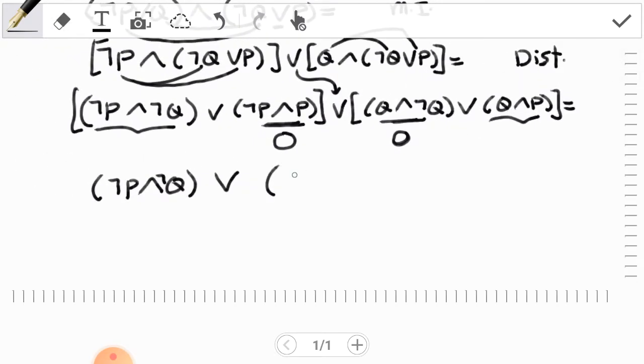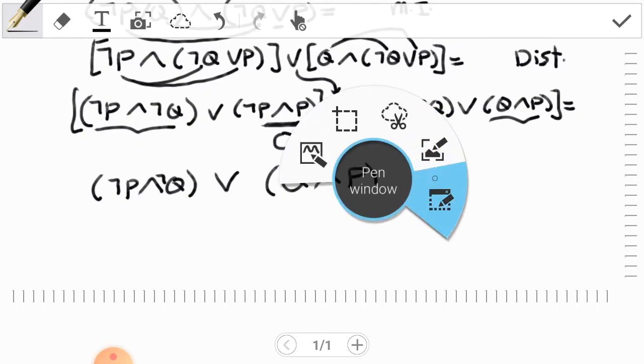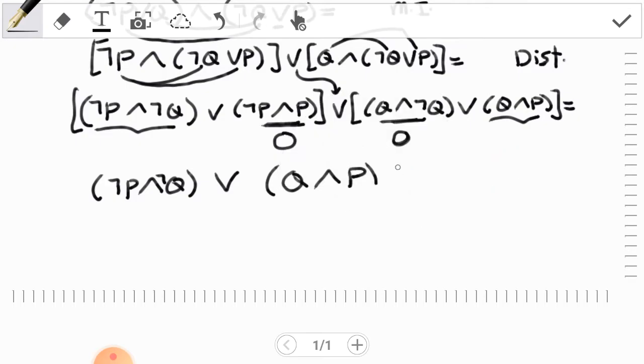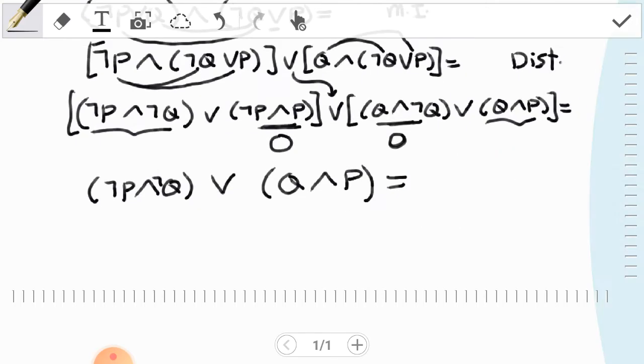So that should leave us Q and P, which is equivalent to the right side.